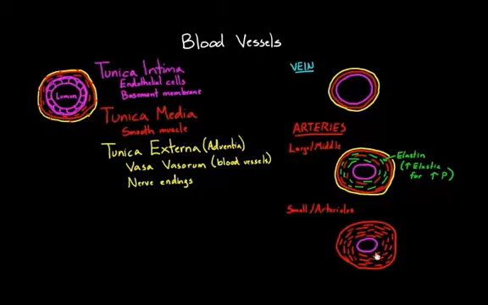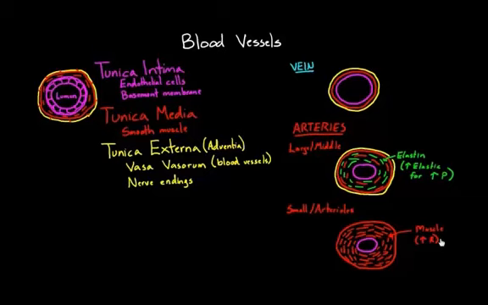And that makes sense because we know that the arterioles, look at all that muscle, the arterioles are actually going to be the ones that are going to create resistance. So here you have a lot of muscle. And this is to help create lots of resistance if you need it to change your blood pressure.